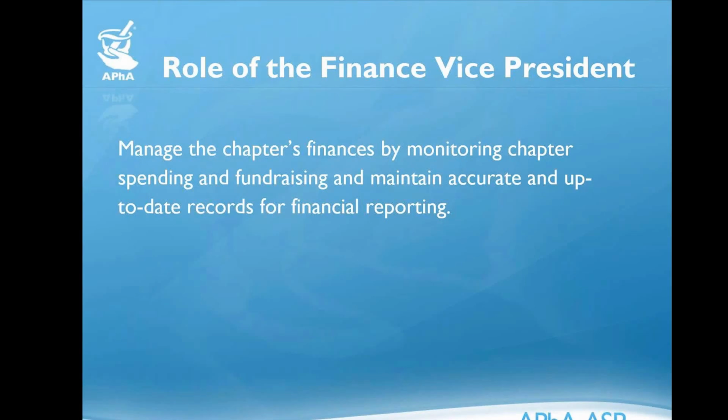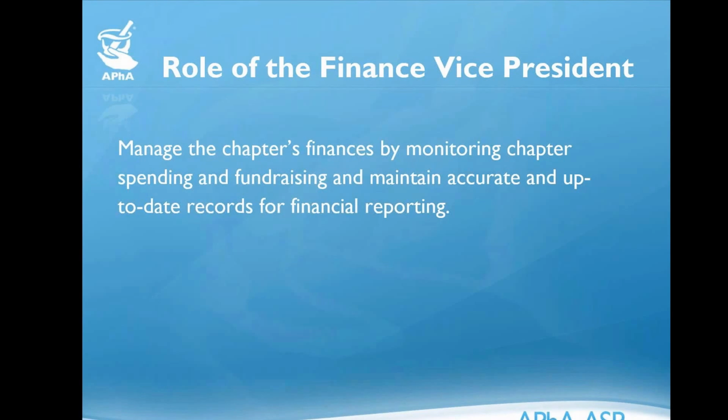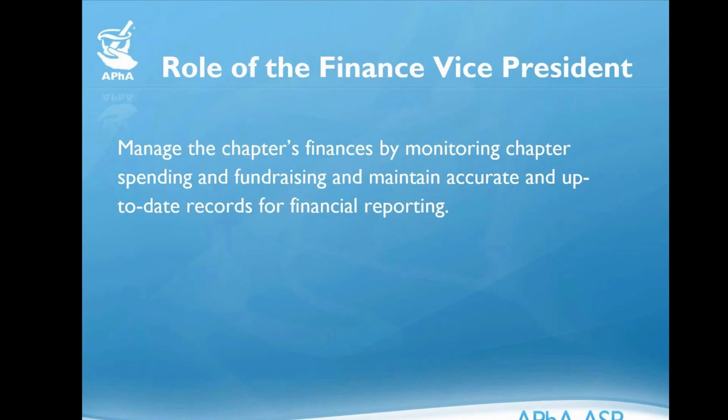This position is so vital to your chapter because you are the one making sure that not only is the money there to accomplish your goals and to participate in your patient care projects or other events, but you're also helping with fundraising efforts to bring money into your chapter. And of course, maintaining accurate financial records is extremely important, and that will be detailed throughout the presentation.